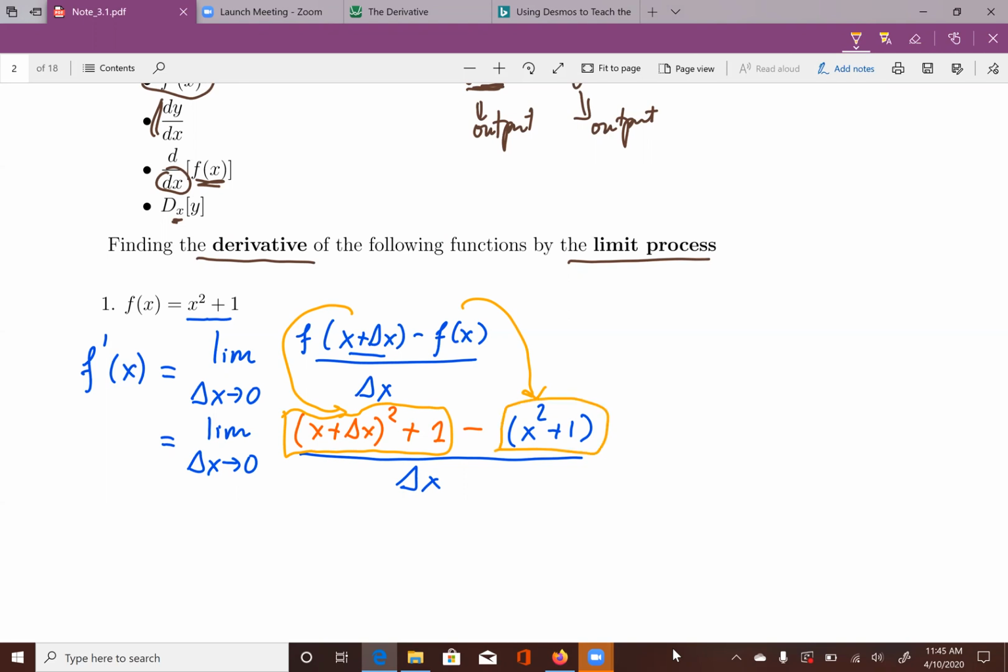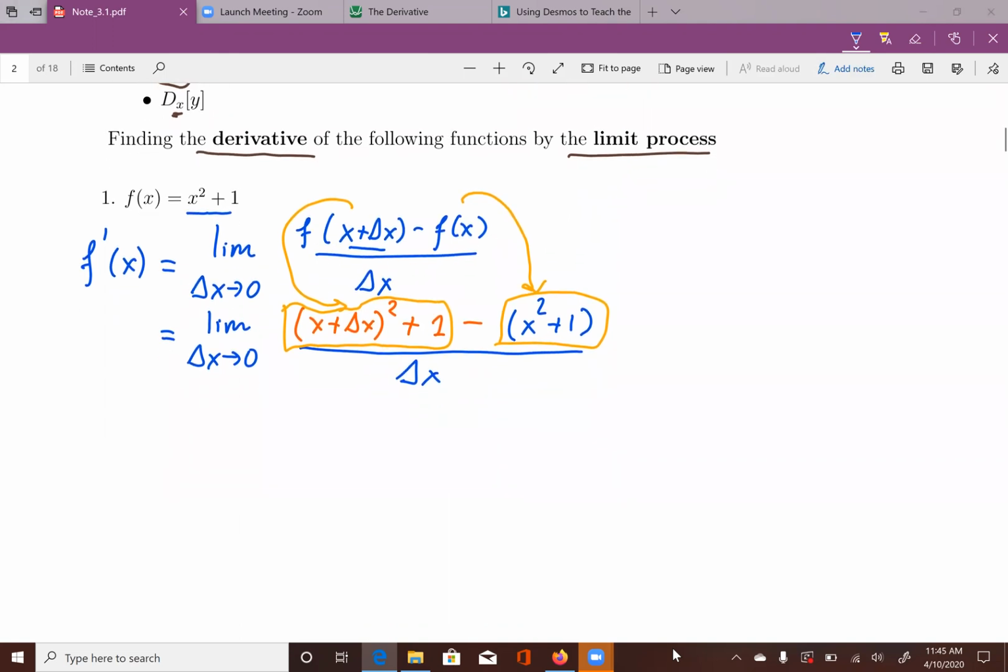All right. Now, again, this is a limit problem. I just need to use my skill of finding limits that I learned in chapter 2 to find this limit. Limit as delta x goes to 0. Again, you cannot plug 0 into delta x because it's in the denominator. So we have to simplify the numerator.